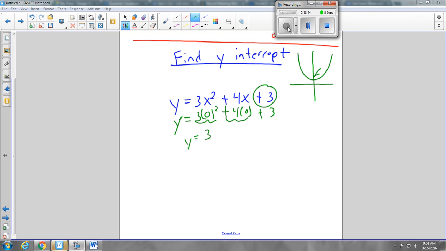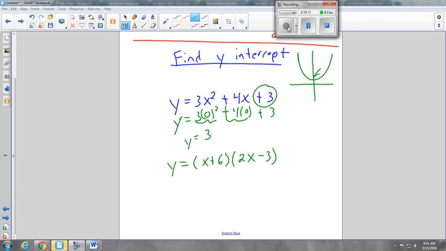And then you're saying, what if it was in the other form? So let's say we had something like y is equal to x plus 6, and then 2x minus 3. Same rule applies. We need x to equal 0, right?